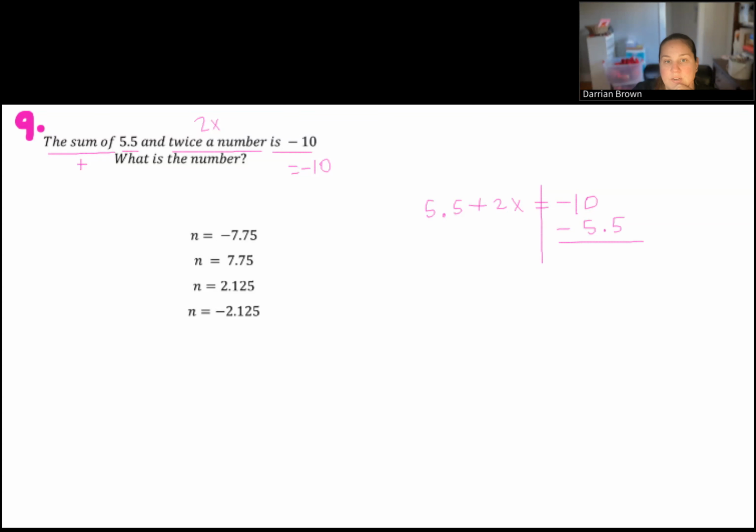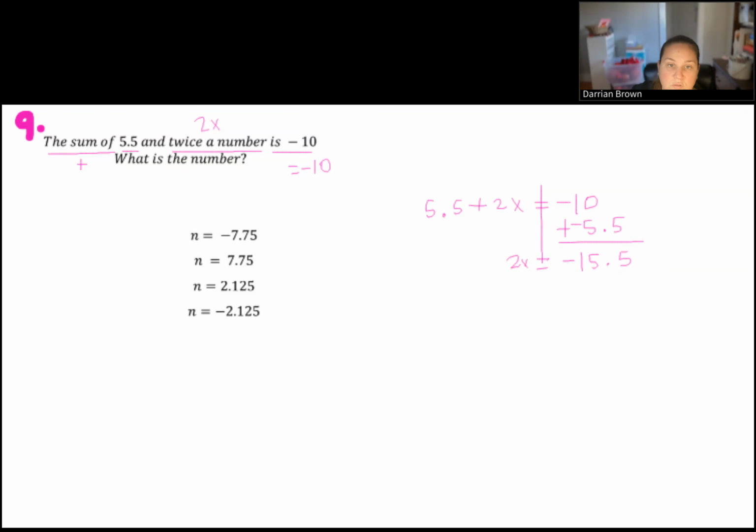So that gives you negative 15.5. Because you use keep, change, change since you're subtracting with a negative number. So keep negative 10, change to plus, change to negative. So negative 10 plus negative 5.5. Okay, bring down the rest, which is 2x. So we got 2x equals negative 15.5.